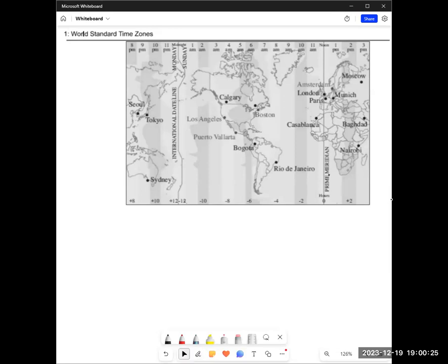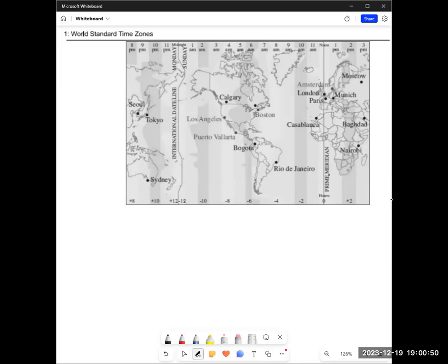So we're going to find out how many hours difference there is between two different cities that are in two different time zones here. And we're not going to bother right now saying whether the difference is that one city is ahead or behind. We just want to find the distance.